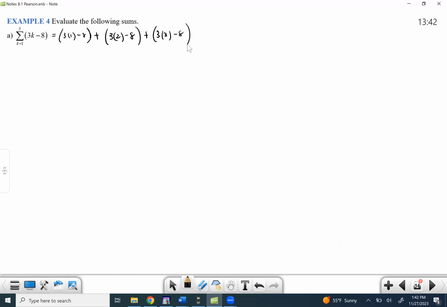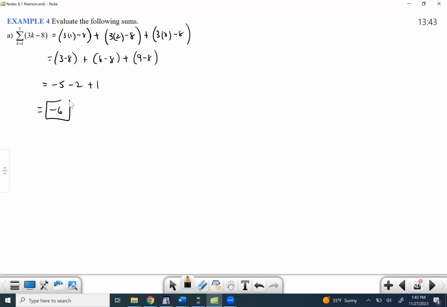Okay, so 3 times 1 is 3, and 3 take away 8 is -5. 3 times 2 is 6, and 6 take away 8 is -2. 3 times 3 is 9, and 9 take away 8 is 1. Okay, so this looks like this is going to add up to -6.